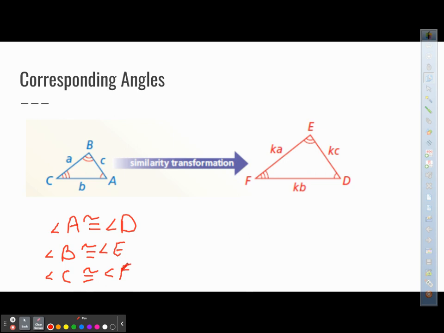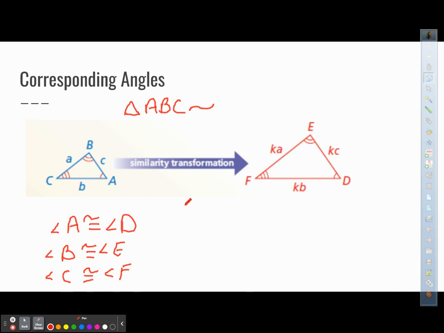Okay. Now, the reason why I listed the angles first before the similarity statement is because I'm going to use my angles to write my similarity statement. Just like with congruent, the first one doesn't matter. So I could say triangle ABC, I could say triangle BCA, it doesn't matter. For similar, you just do this wiggly line.